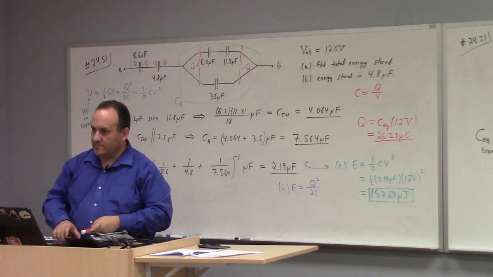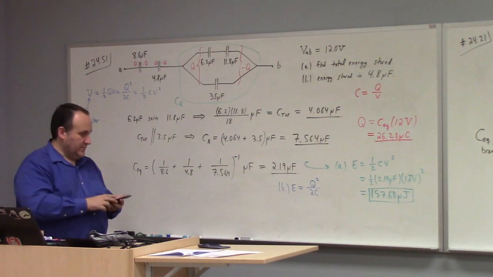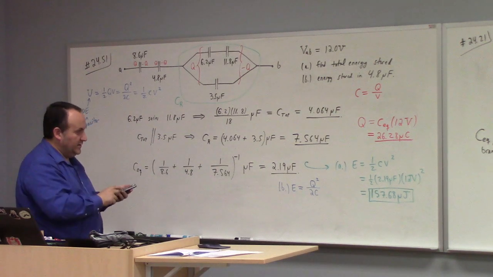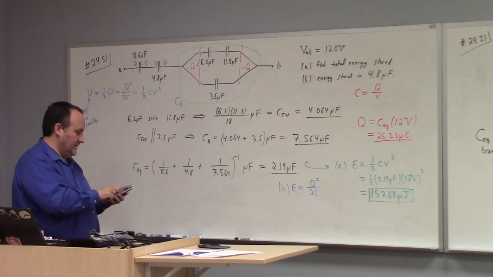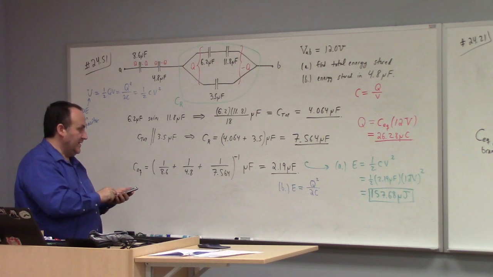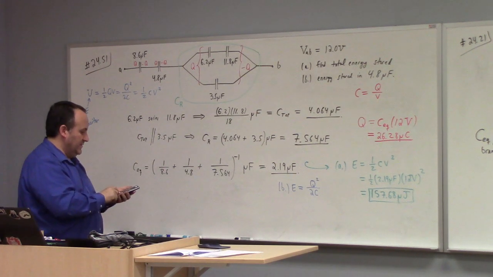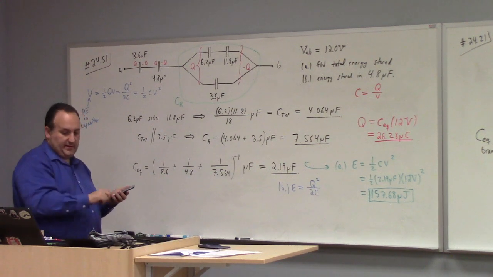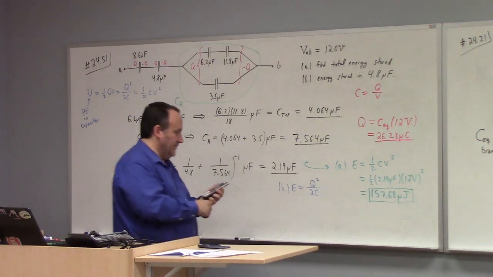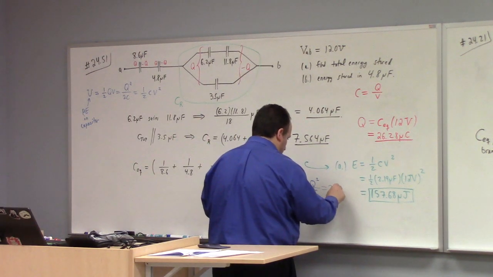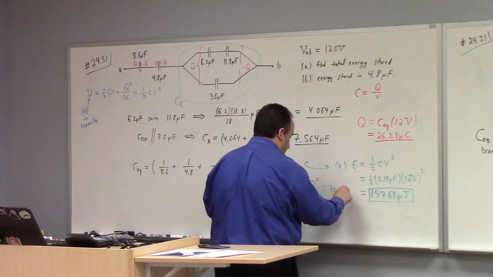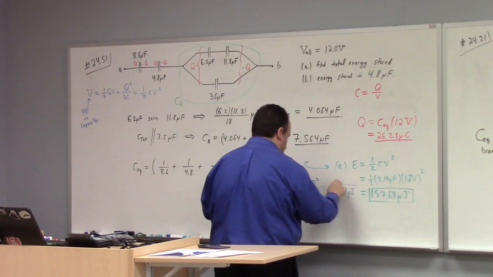Now the C is the 4.8. So we get 26.28, square that thing, and divide by 2 times 4.8, which is 9.6. And I get 70.47 microjoules.